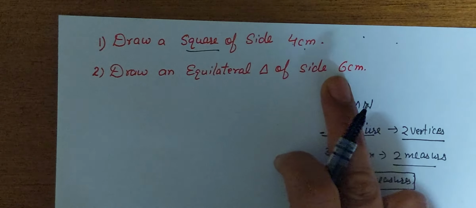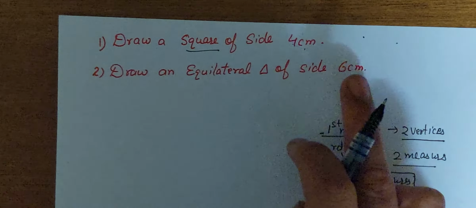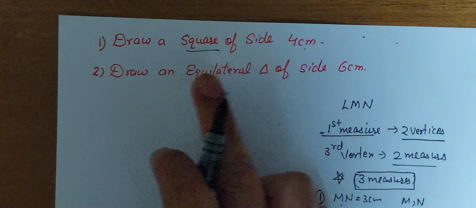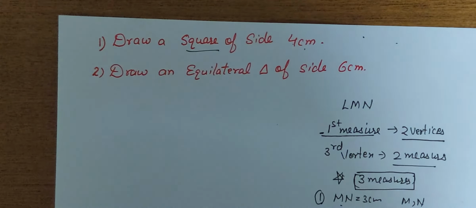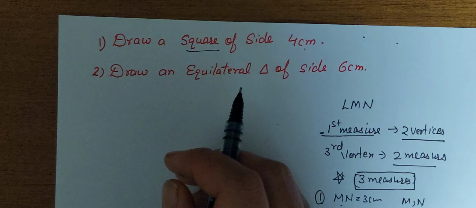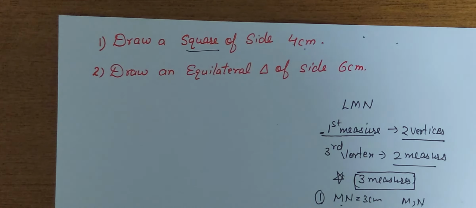It also has 6 measures, because each side is 6 centimeter, and because it's an equilateral triangle, all angles are going to be equal. So in a way you are also being given the measure of 3 angles. So you'll draw a dummy, but you'll not label all 6 measures. You're going to label only those measures which you are going to use for the construction of the equilateral triangle.